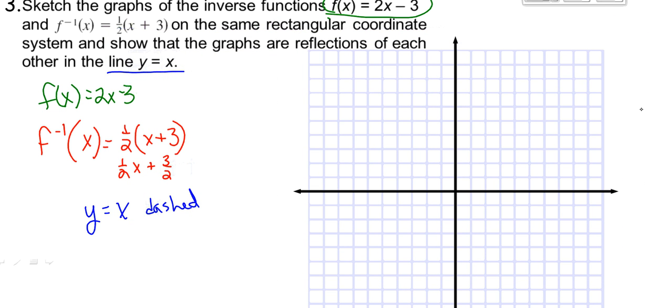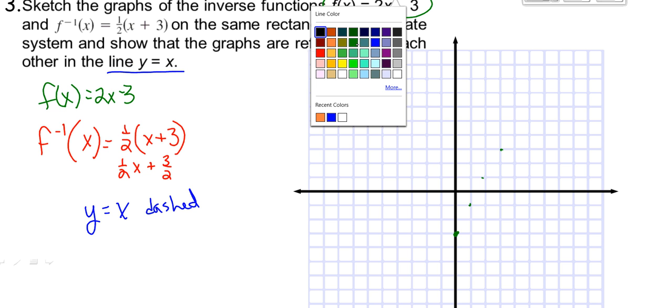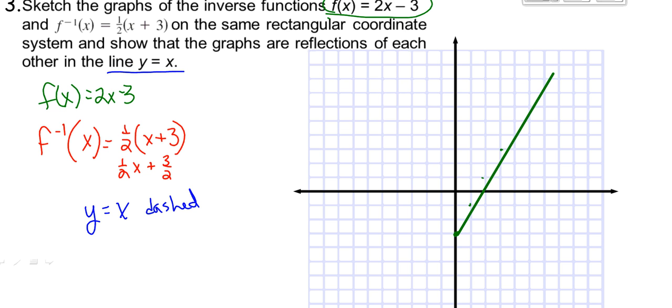And now I'll plot some points, and you can make a little table of values. Your calculator does that if it's more complicated than this. But my y-intercept is -3. My slope is 2, so up 2 over 1, and now I'll graph that, and I'll use some kind of green color. Let me make my line a little better here.